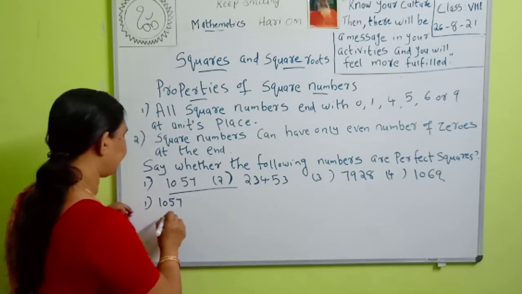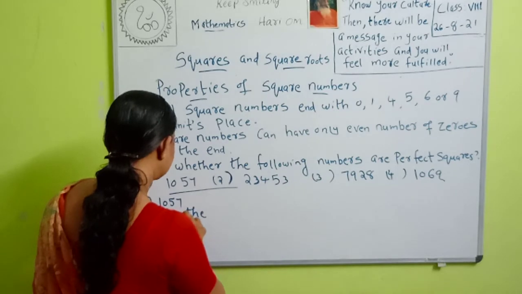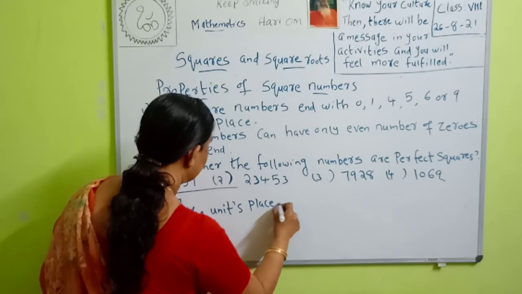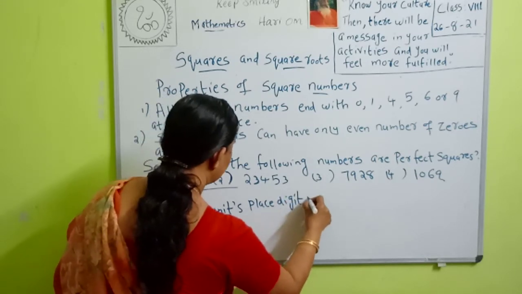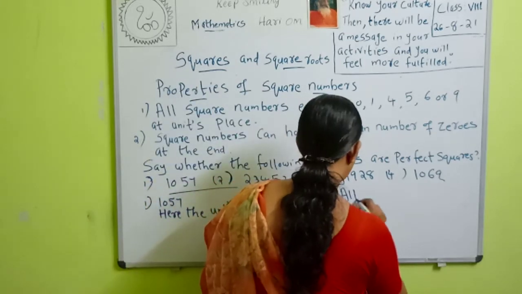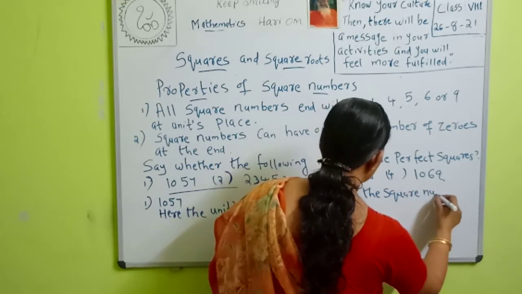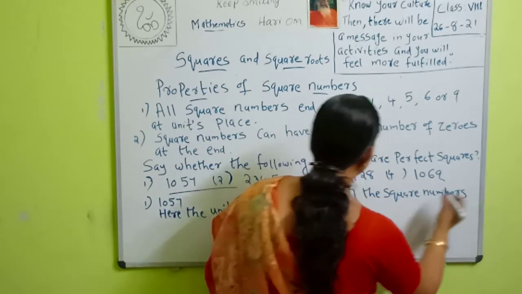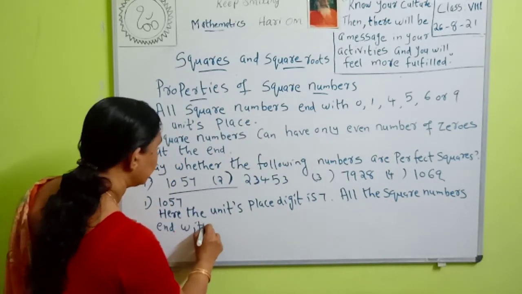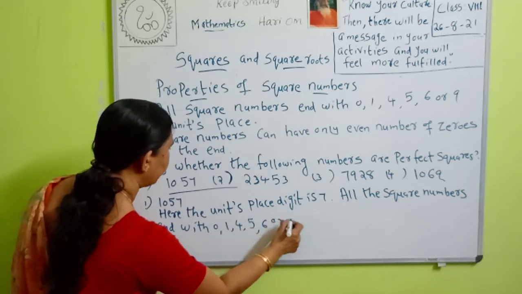All the square numbers end with 0, 1, 4, 5, 6 or 9 at units place. Here the units place digit is 7.